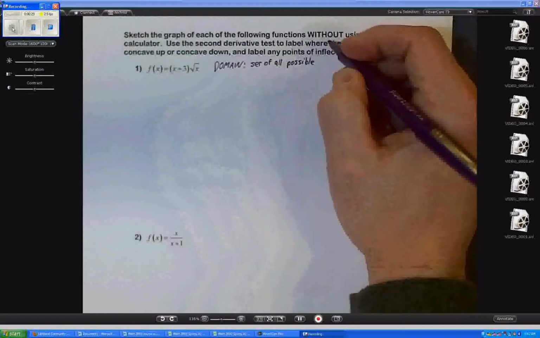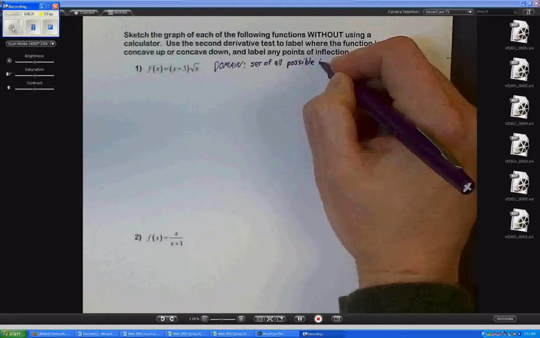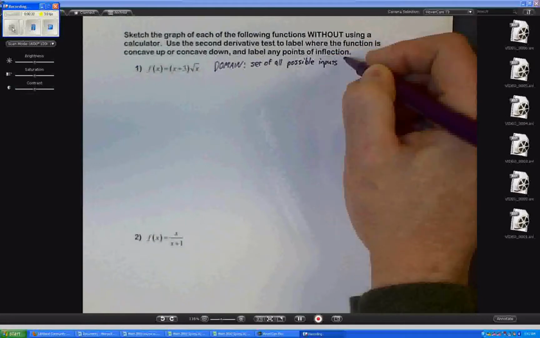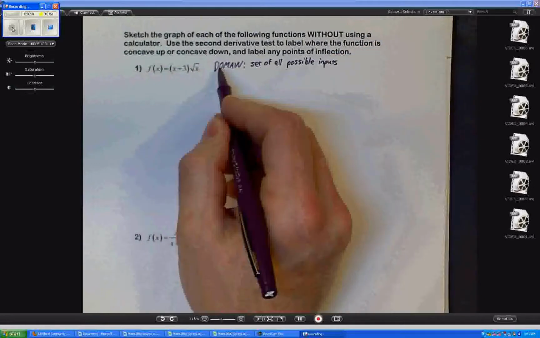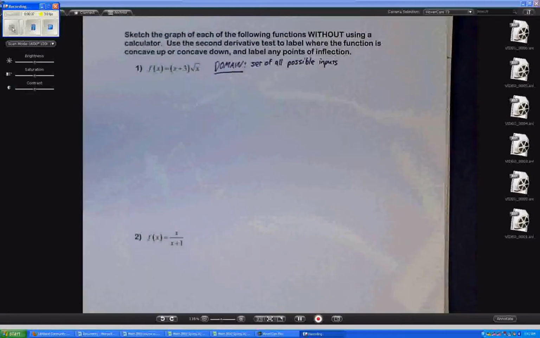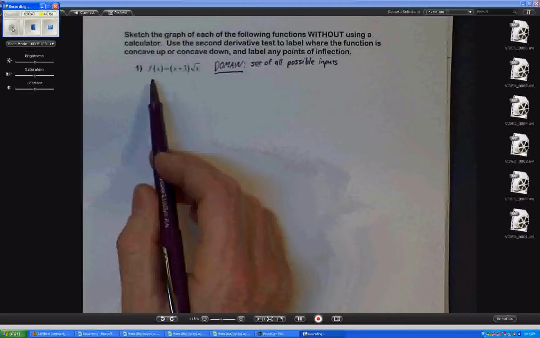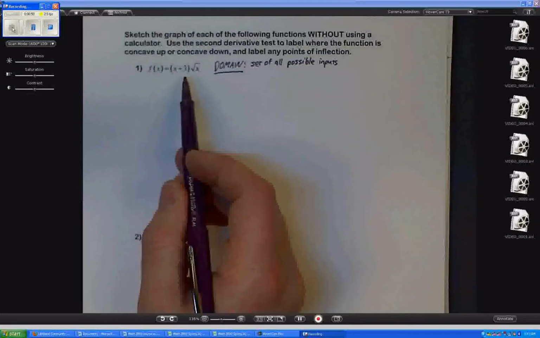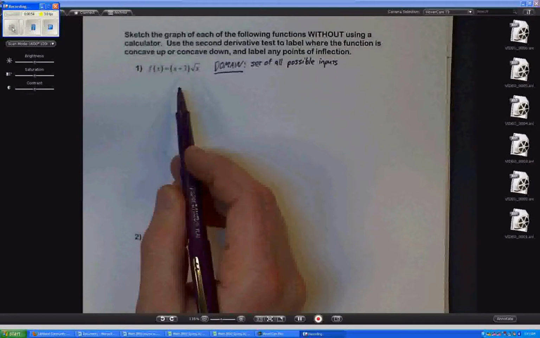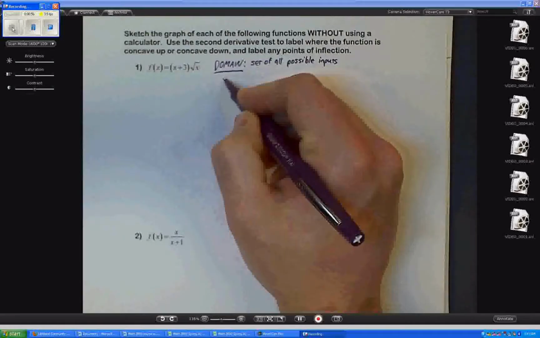Input. Okay? So let me ask you this. For this particular problem, what's the domain? Can x be anything you want, or is it restricted? It's restricted, right? What are you not allowed to put in for x, for this function f of x? You can't put in negative numbers. We already said we're going to keep it real in this class, right? So x has to be greater than or equal to 0 is my domain.